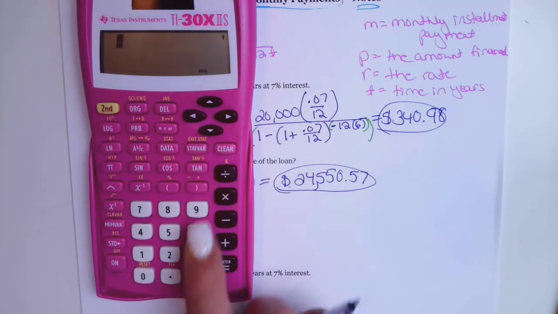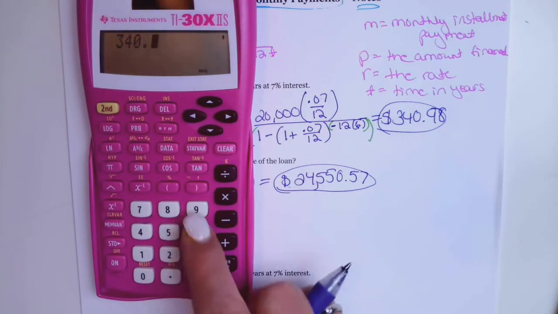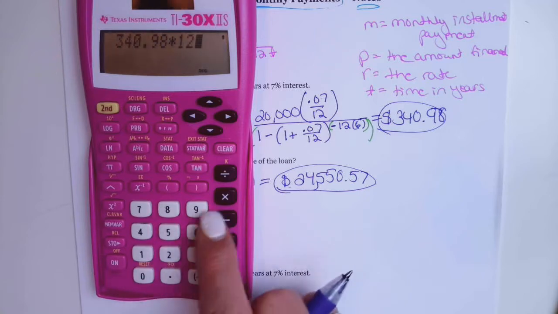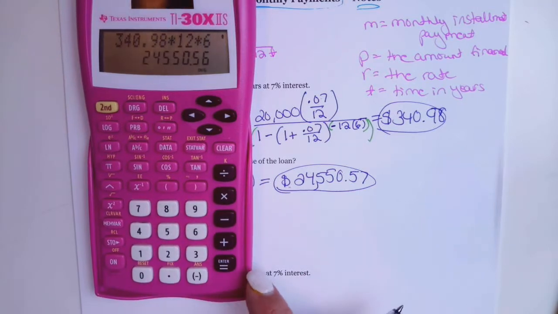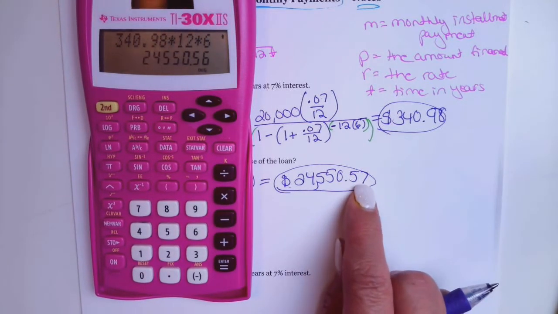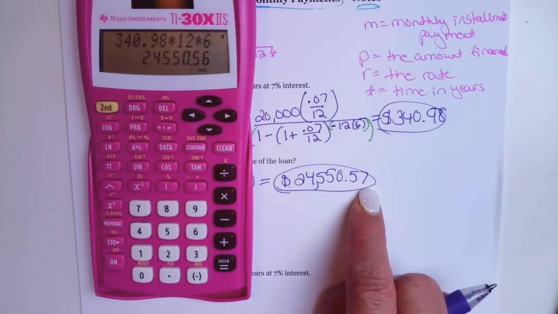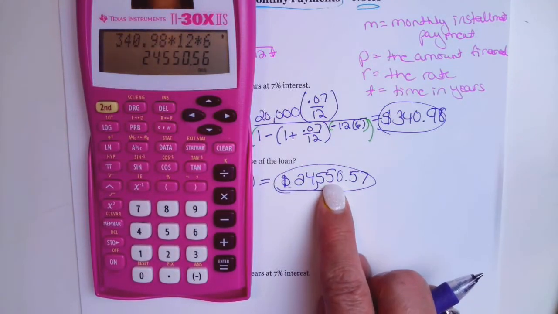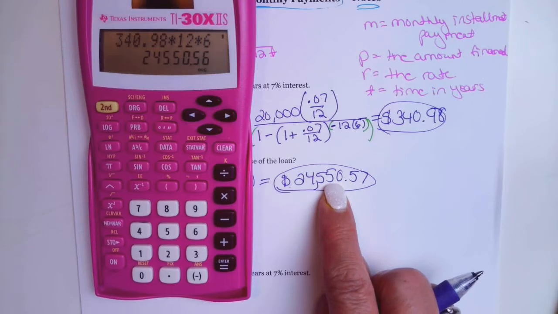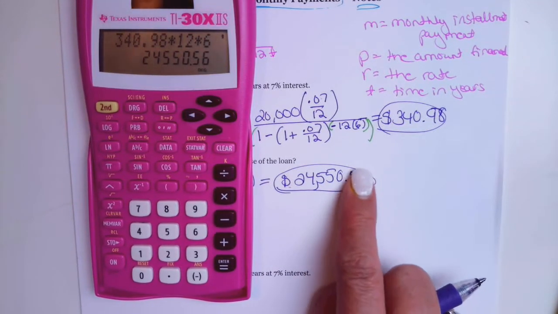Now it might be a 56 depending on if you use this rounding or like I didn't change it. If I do 340.98 times 12 times 6, you can see that that's a 6 cents difference. It's still close enough. If we round it to the nearest dollar, it'll be the same on both. So don't worry about those couple of cents.